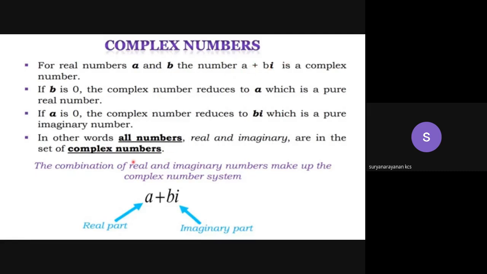The combination of real and imaginary numbers makes up the complex number system. So here, this first term is called the real part, and the second term, which contains i, is called the imaginary part. Understood this representation of complex numbers, my children?